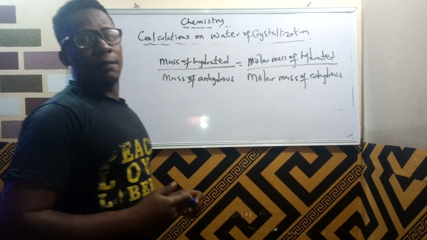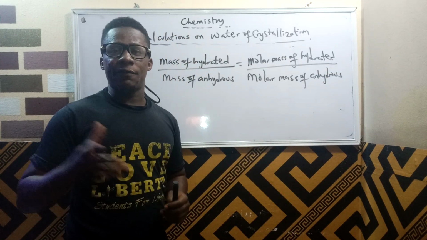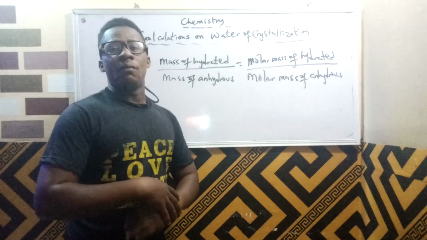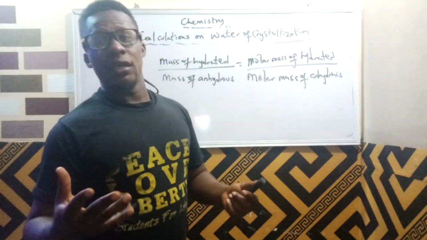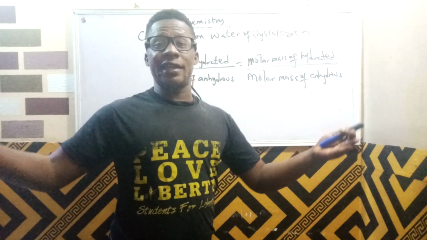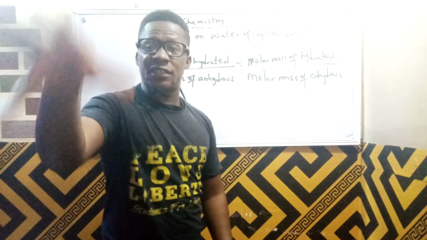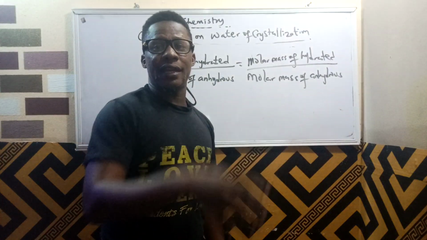Now this is basically the first formula. However, in reality, most of the questions they are going to be giving you have to do with open-ended questions, where they go specifically to you finding the water of crystallization that it contains.